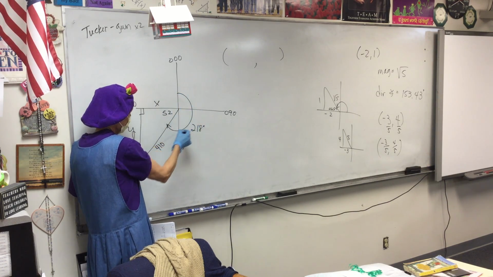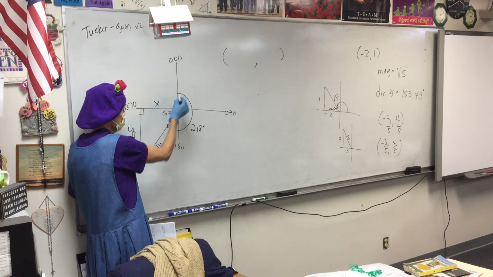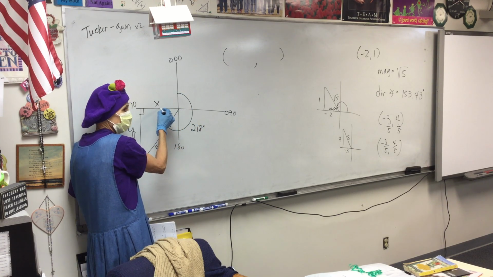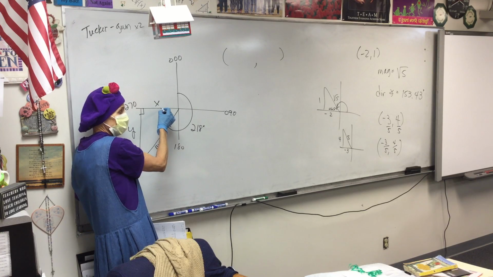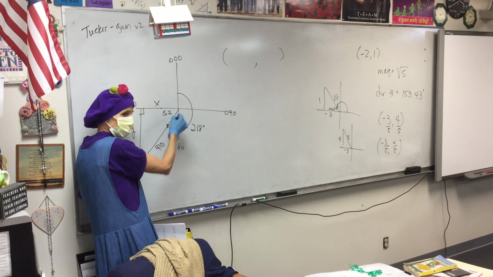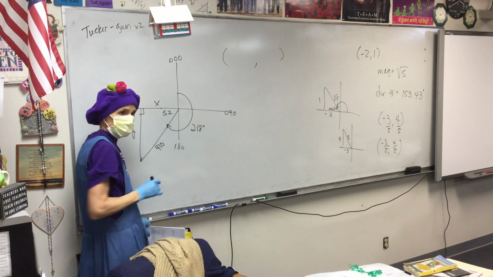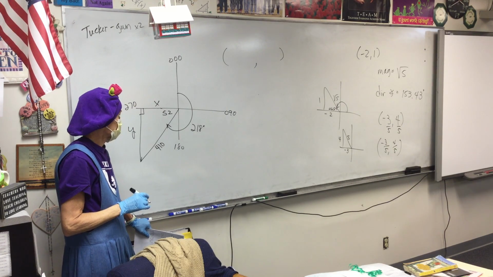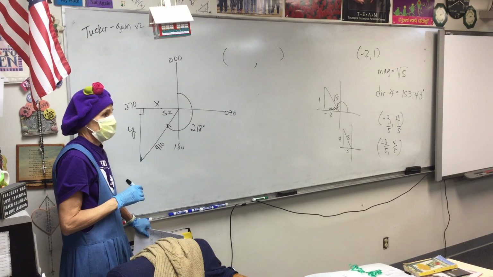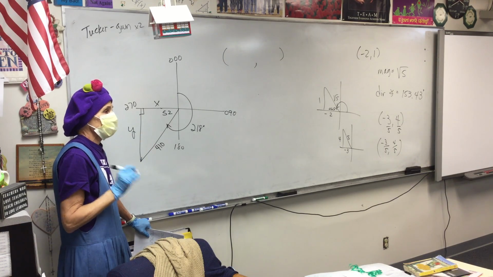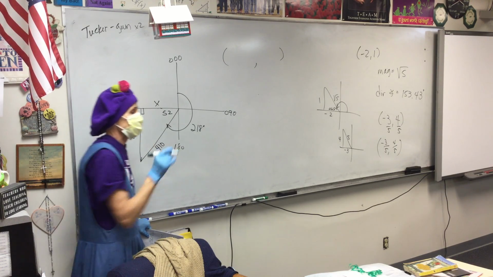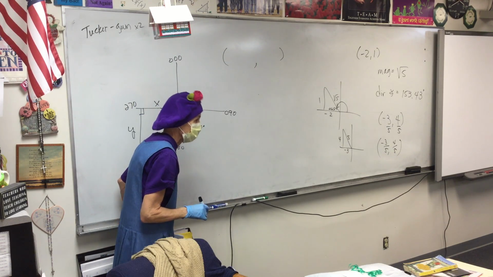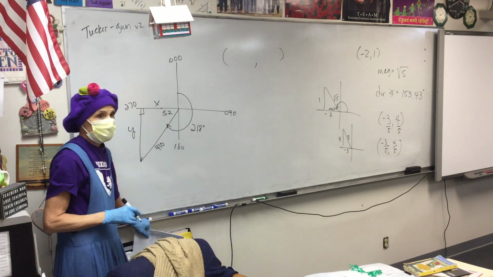If I went all the way up to this line, that's how many degrees? 270. But I didn't go that far. I stopped here, right? I only went 218. Just do 270 minus 218. So that's 52 degrees. Now, if you figured out 52 a different way, that's absolutely fine. But you got to have 52. 52 is the angle.